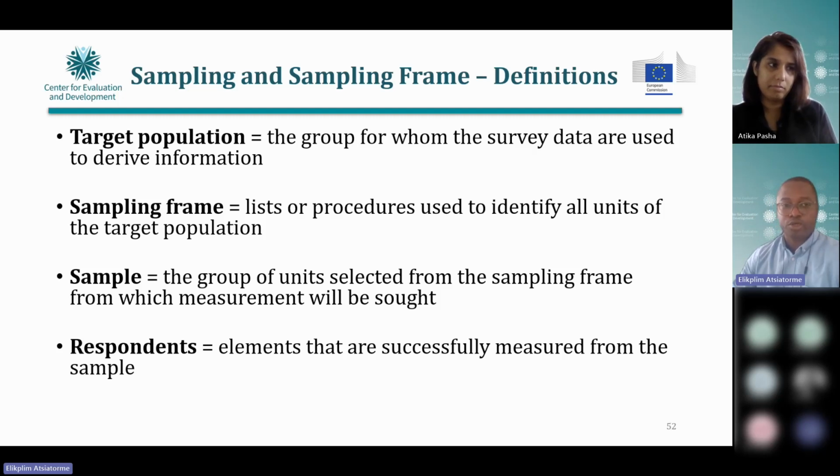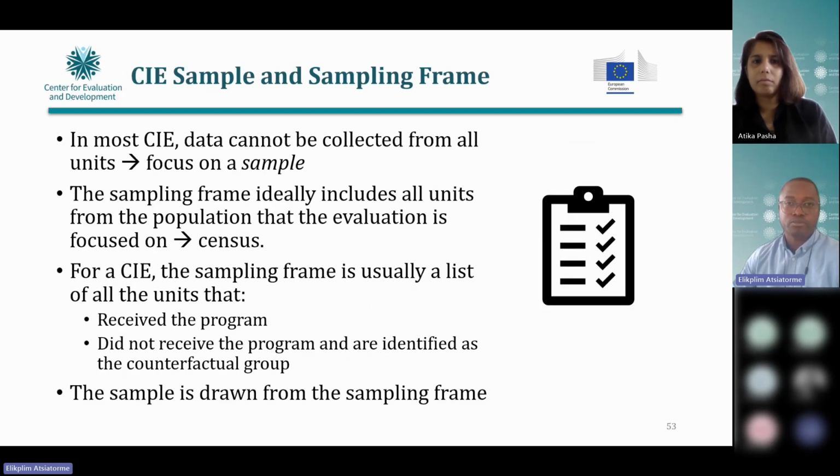The main reason why you would get a sample is because it's always expensive to study the whole population. And so you want to take a sample out of the target population to do your data collection. And then respondents generally refers to the people that you're collecting data from.